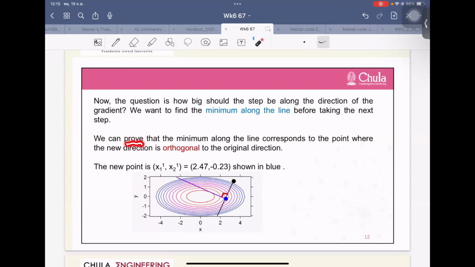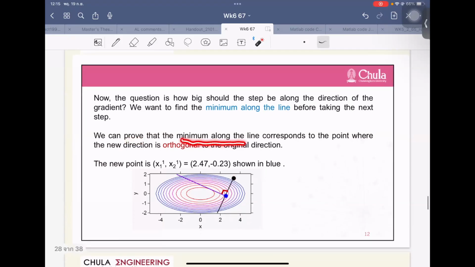You can say that we can prove the minimum along the line will occur at the blue line, where the negative gradient at this point, which is the search direction, is perpendicular to the previous search direction. Trust me, okay? Perpendicular in mathematics we can call orthogonal, orthogonal to the previous search direction, and the new point is given by the coordinate here.